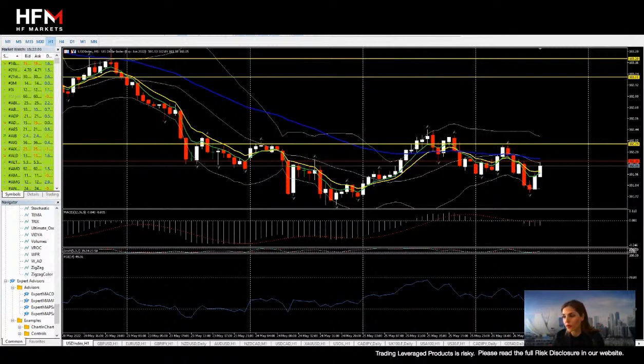As you can see, the dollar has been reversing significantly since yesterday from the highs of, I think, 102.66. It was the high that we saw earlier this week, but we have seen a big, significant reversal in the Asia session and in the European session this morning.